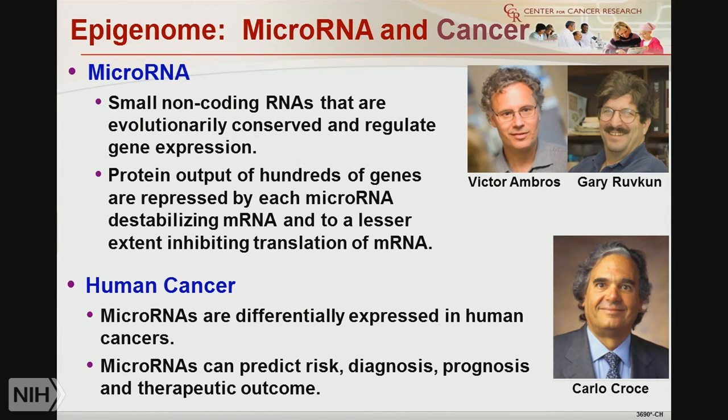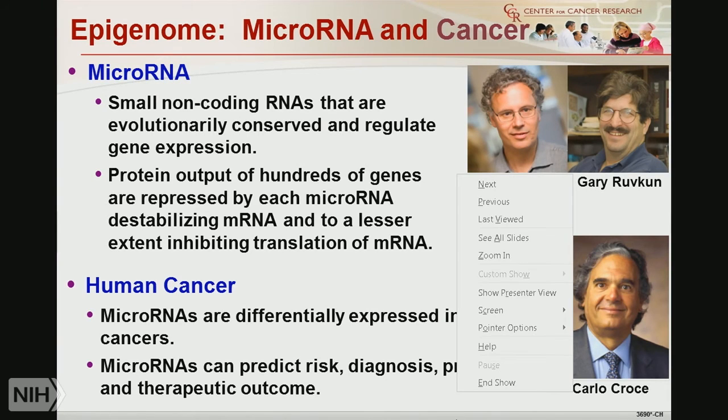Since that discovery, there are tens of thousands of papers that have studied microRNAs, not only in cancer, but cardiovascular disease, neurological disease, rheumatic disease, all kinds of different categories of disease. Well, that led to us and many other people to ask the question, are they differentially expressed in human cancers? And can they predict risk, diagnosis, prognosis, and therapeutic outcome?